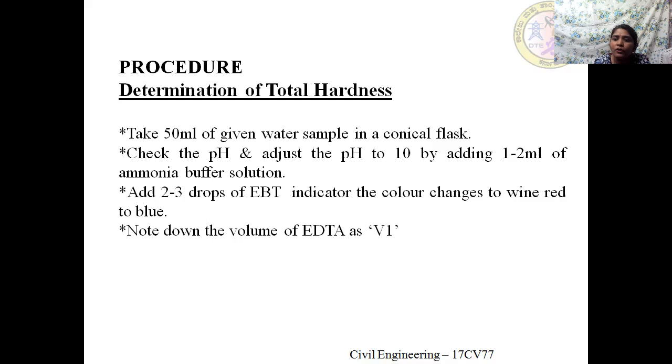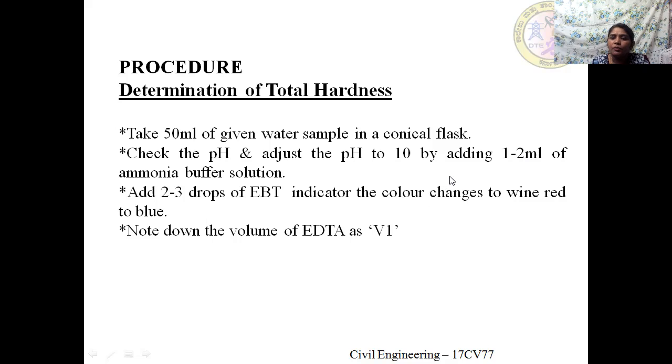The initial burette reading is noted down. We write a tabular column with the sample number, trial number, initial burette reading, final burette reading, and volume of titrant added.